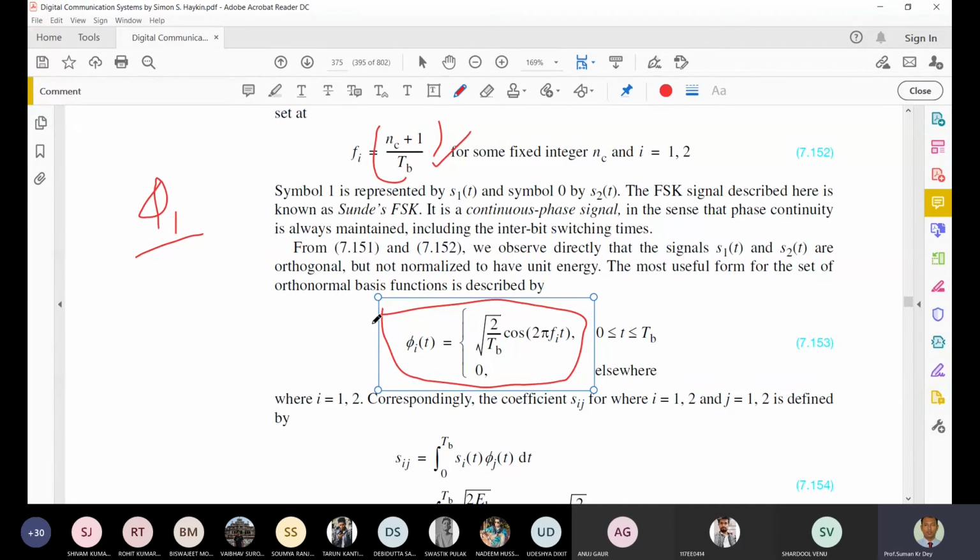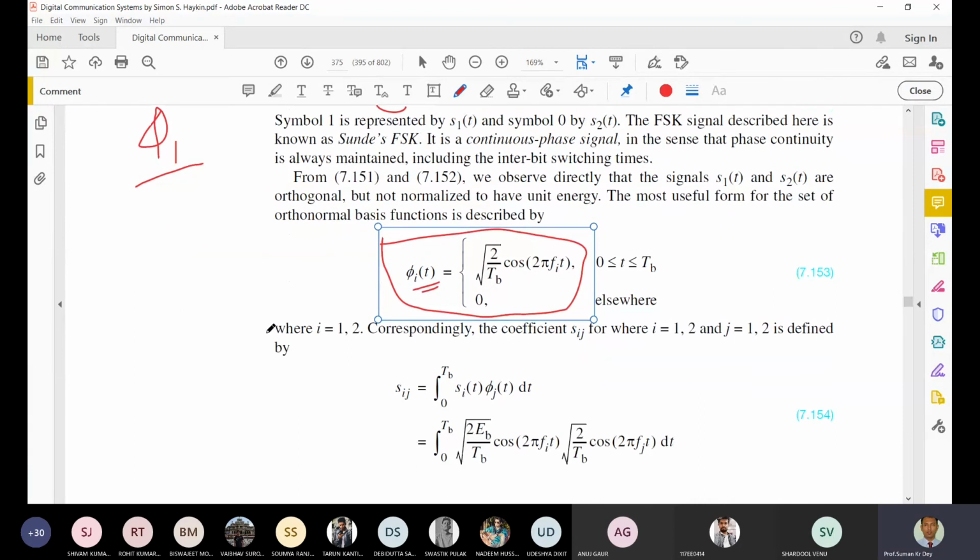If we multiply phi 1 with phi 2, it will give us 0. This is the main criterion for orthonormal functions. So when taking 2 orthonormal functions, it means we are considering a 2-dimensional space. This is the formula for representing phi_i(t), which is equal to square root of 2 by T_b cos 2 pi f_i t, where t belongs to 0 to T_b, otherwise it will be 0.